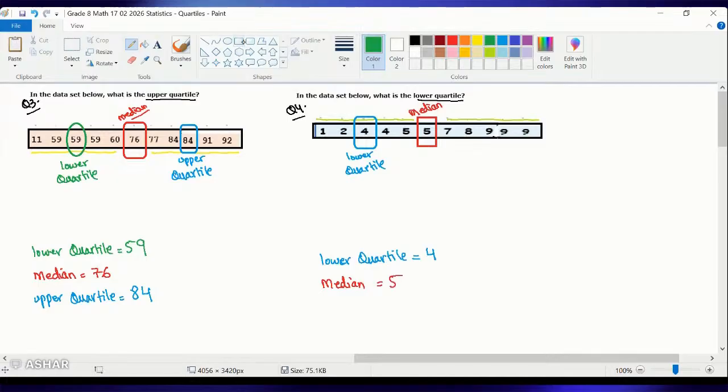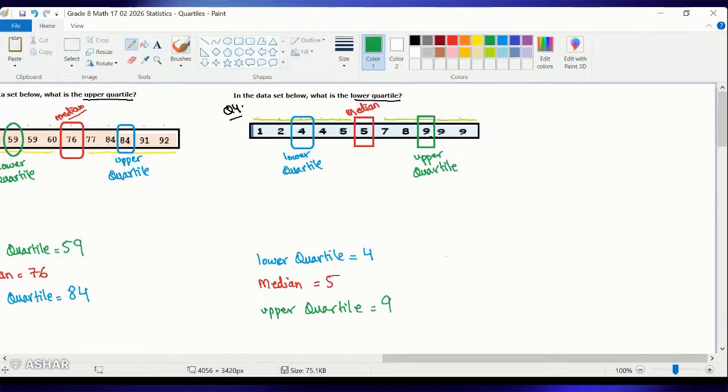And the upper quartile would be on the upper half. Okay. So we have 5 values on the upper half. We mark the middlemost value, that is 9. So we say that the upper quartile comes out to be 9. This is the upper quartile. That means it represents the 75% of the values. Okay.